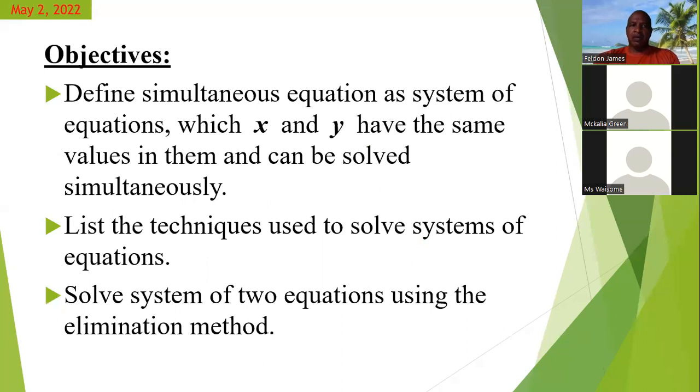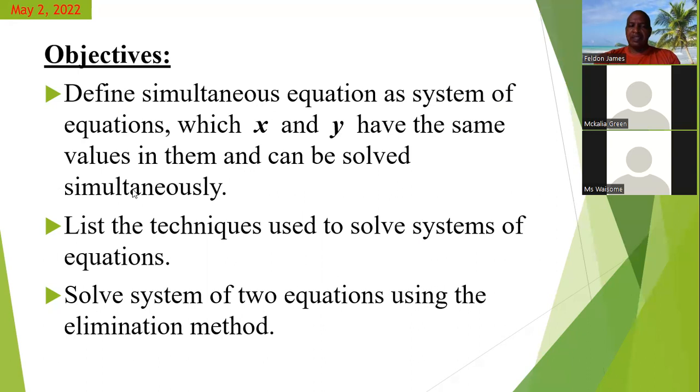Right? Now, so we have our objectives here. I'm just going to briefly run through them. So your objective, you should be able to define simultaneous equation as a system of equations in which the x and y's have the same values in them and can be solved simultaneously.